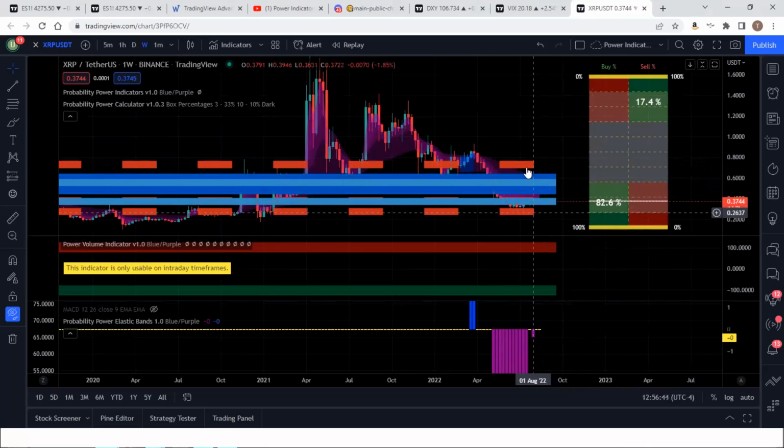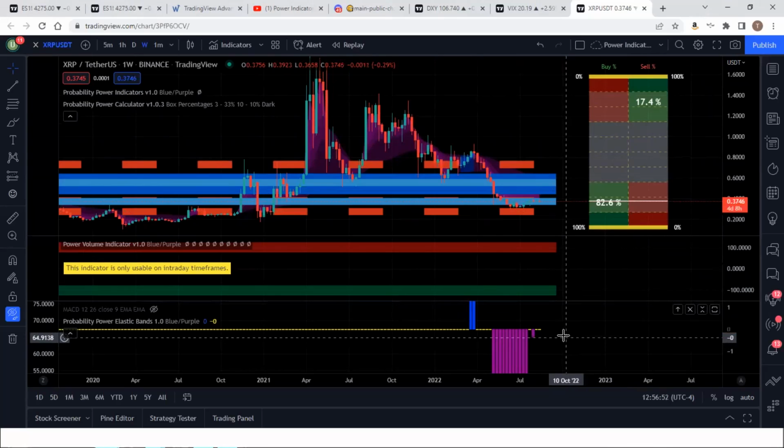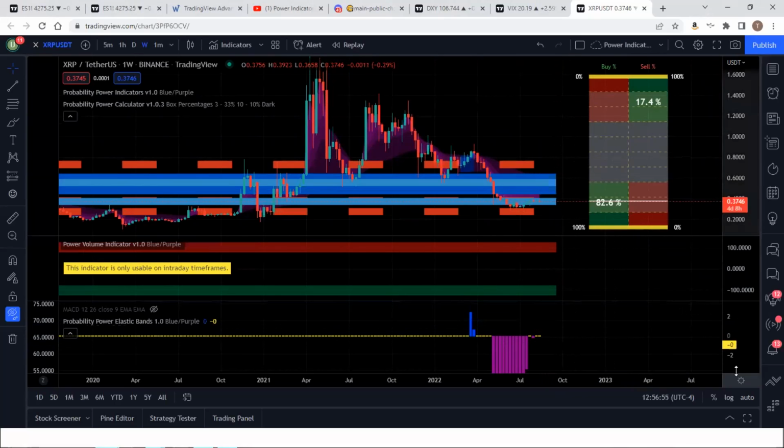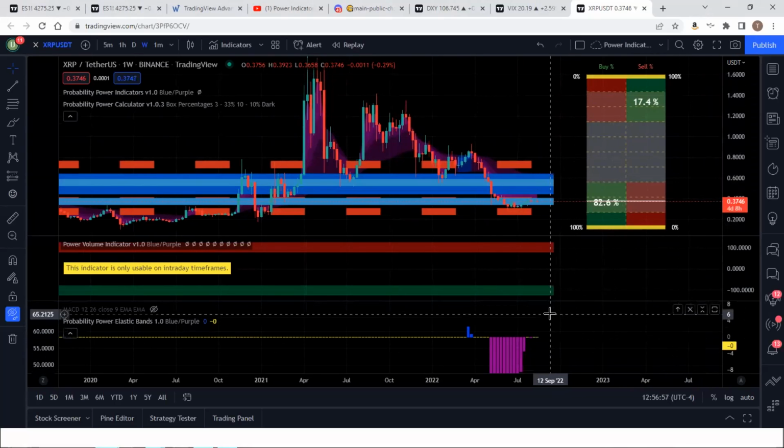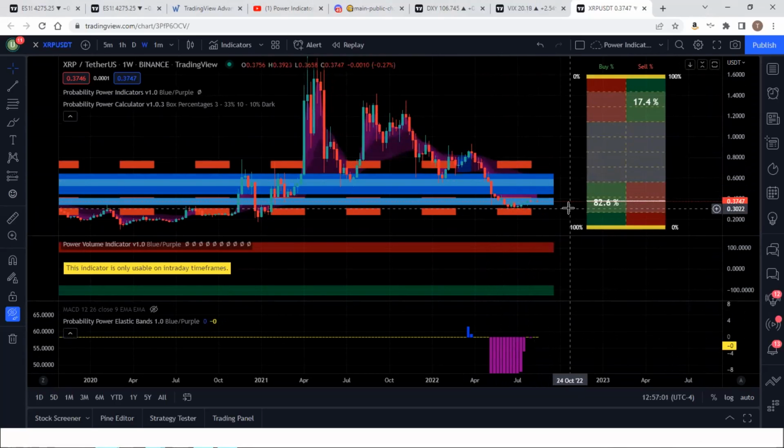The red institutional dashes are very important levels. The elastic bands will give us an indication where momentum is going. So you really just have to look at all the tools to really determine that.